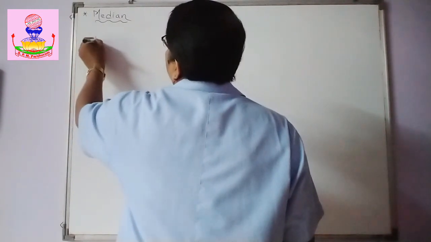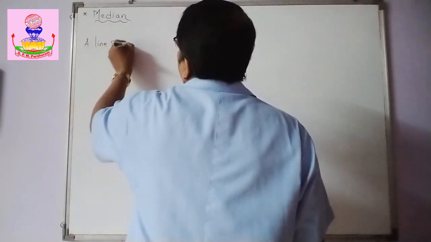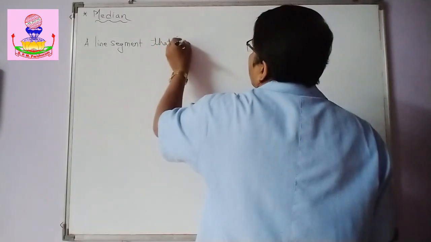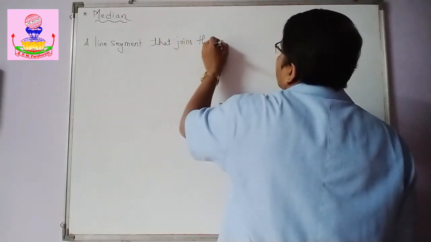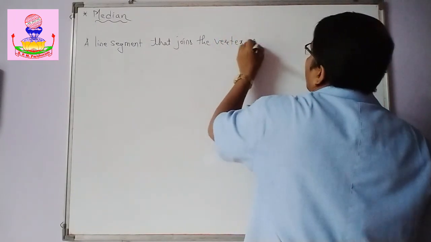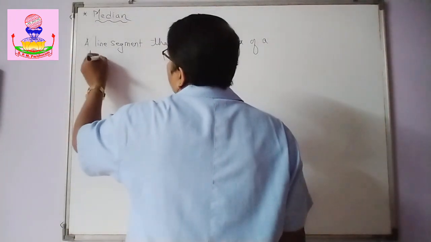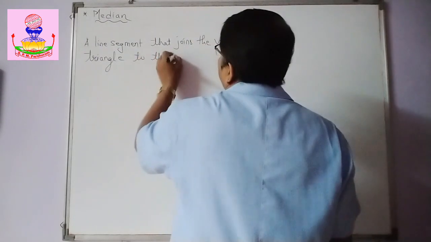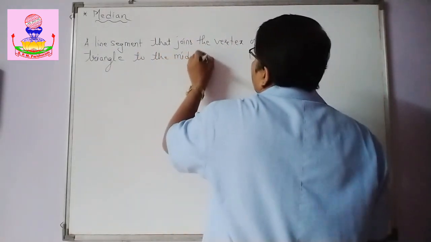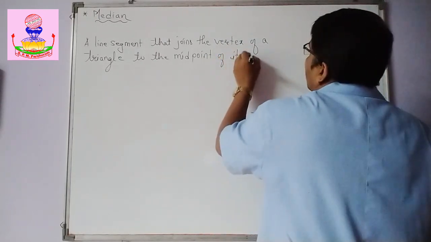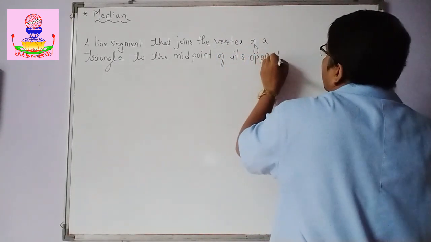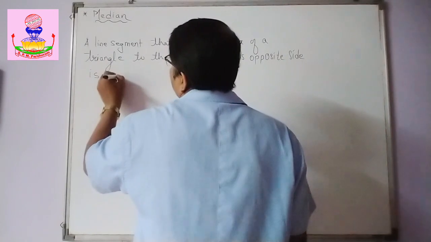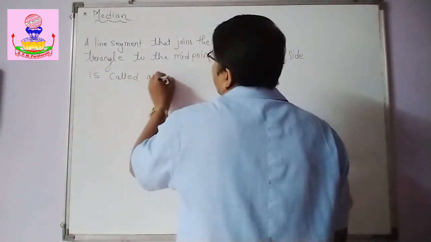A line segment that joins the vertex of a triangle to the midpoint of its opposite side is called a median.